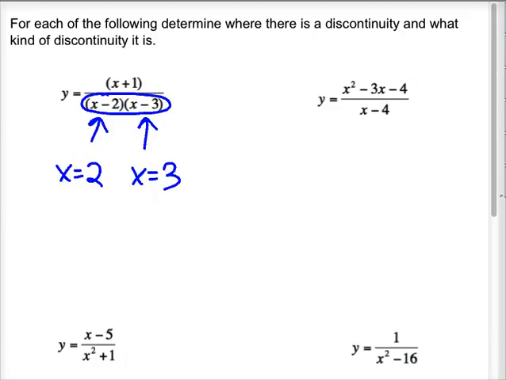So you have to identify the pieces and what would make the pieces 0. So that's your first step. Now, your next step is to identify hole or vertical asymptote. Well, notice neither piece cancels out. So because they don't cancel out, both of these are going to be vertical asymptotes. Again, that's what happens when you can't cancel.